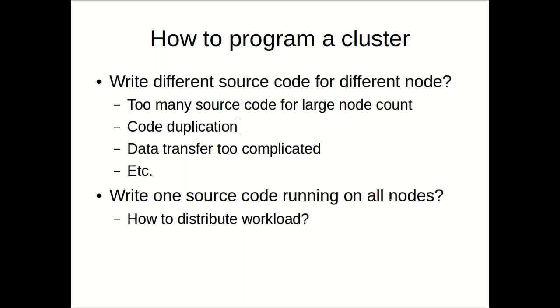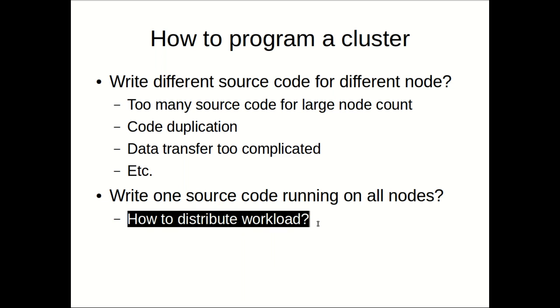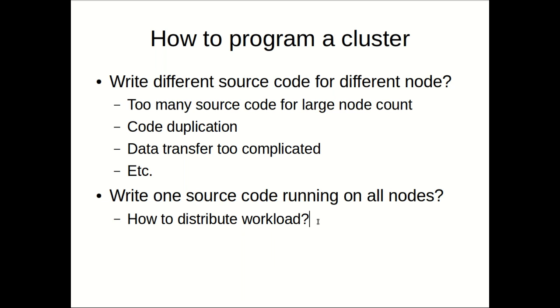So if we pick this kind of path, what might be the difficulties, right? One immediate difficulty is, how do we distribute the workload? How can we partition the entire workload so that each node will execute just a portion of it, right?